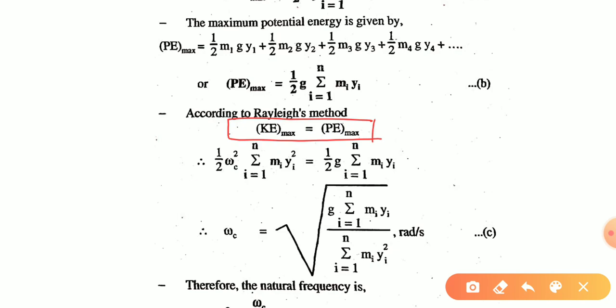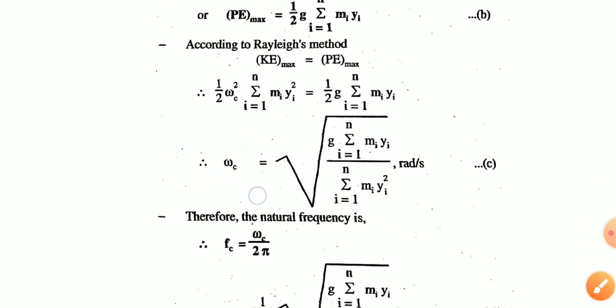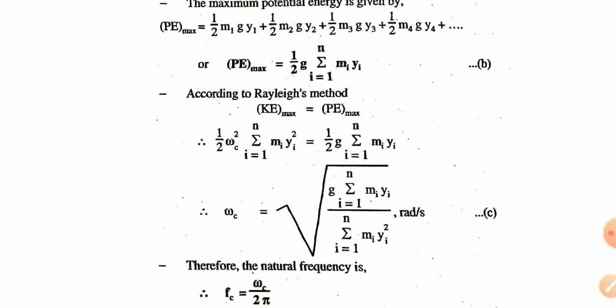So by comparing these two equations we will get omega c, the critical speed or natural frequency, the critical speed of the shaft omega c in radian per second.